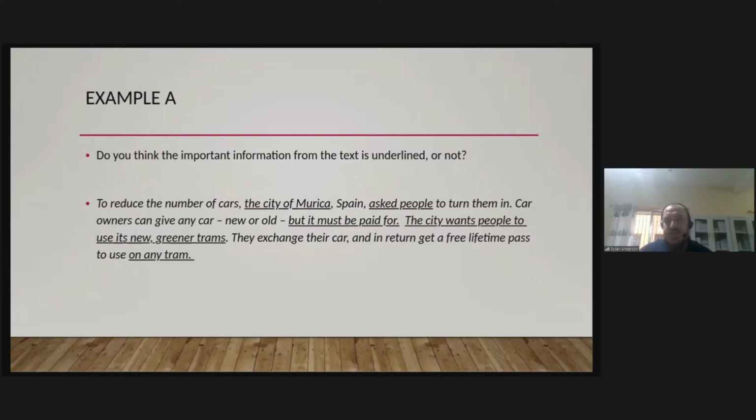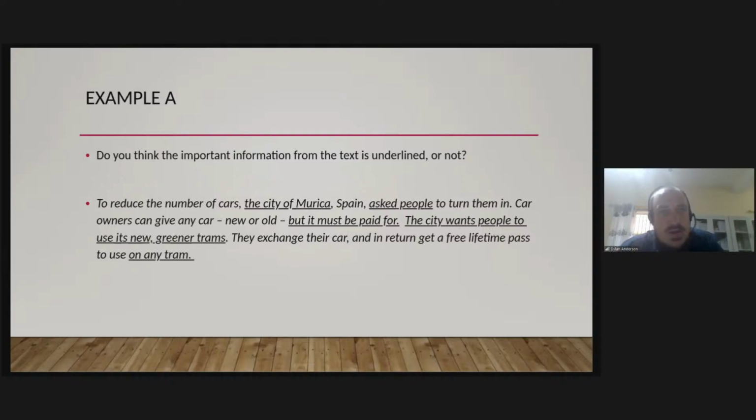The city wants people to use its new, greener trams, and then there's any tram that I've also underlined there. They exchange their car and in return get a free lifetime pass to use on any tram. Now I've underlined the city of Murcia asked people, it must be paid for. The city wants people to use its new, greener trams, and I said on any tram.